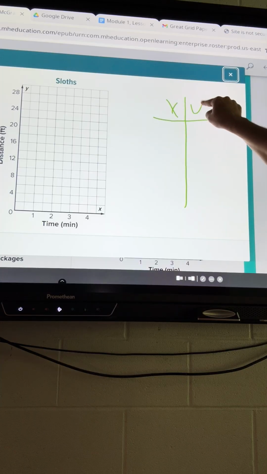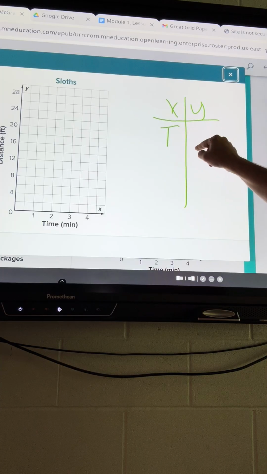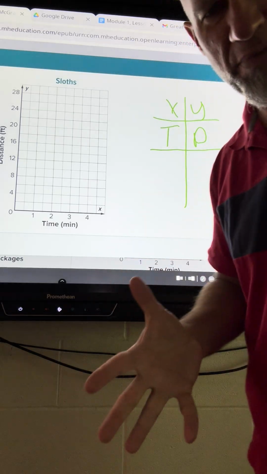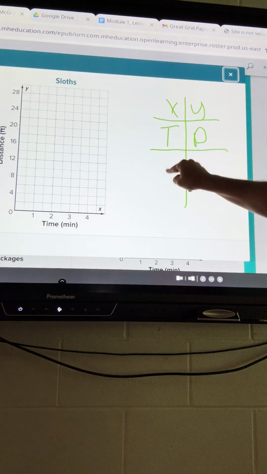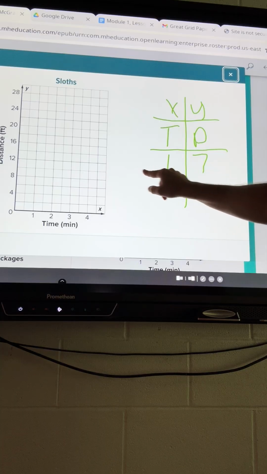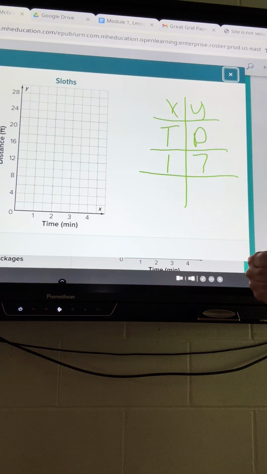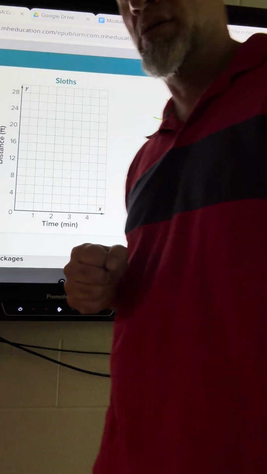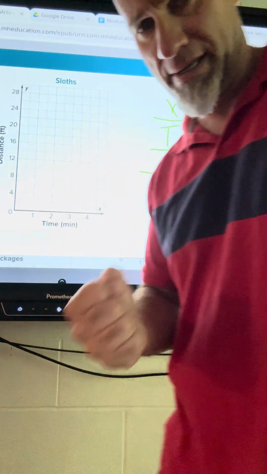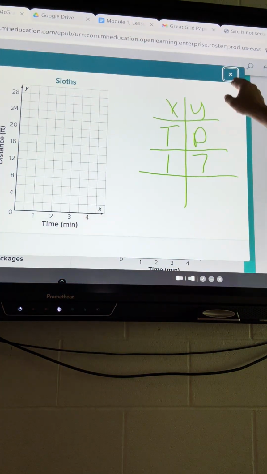So time is going to be x, distance is going to be y. And it said 7 feet every minute, I believe it was. So for every 1 minute, it traveled 7 feet. So you're going to fill out the rest of that table and then transfer it over to your chart, okay? I'm not going to do that one for you. Do that one on your own.